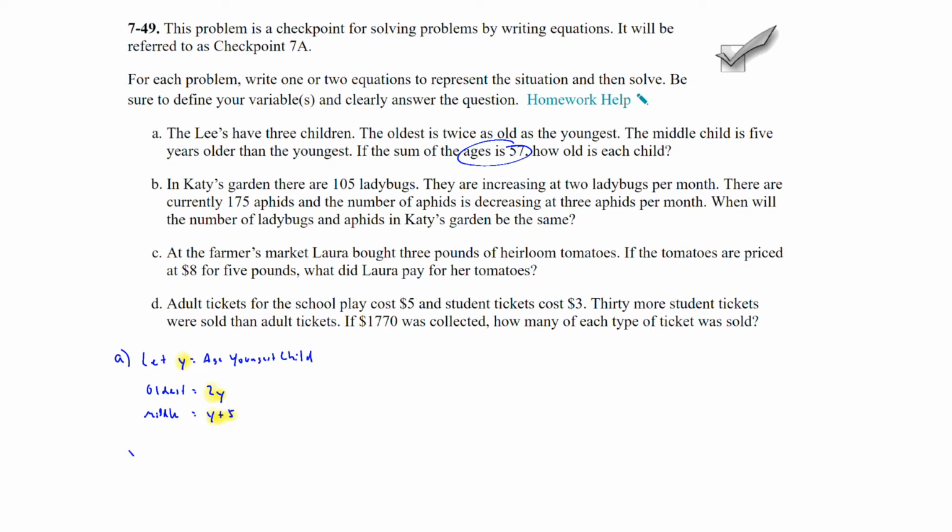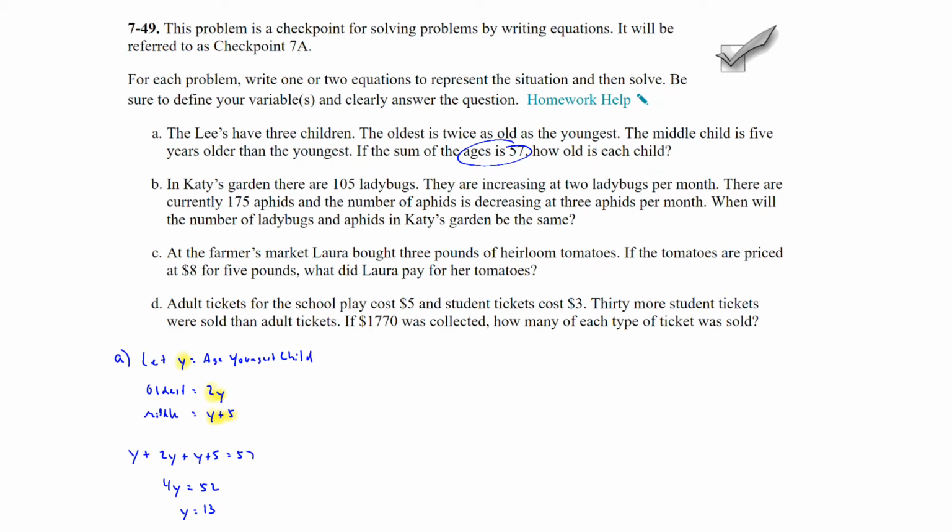Well, we can just take the values of the youngest plus the oldest plus the middle and add those up to be 57. And so we can combine our like terms, which would be 4y, subtract the 5 to the other side would be 52, and then take 52 and divide it by 4 to get 13. So the youngest child is 13.